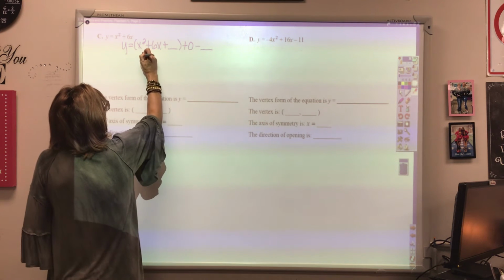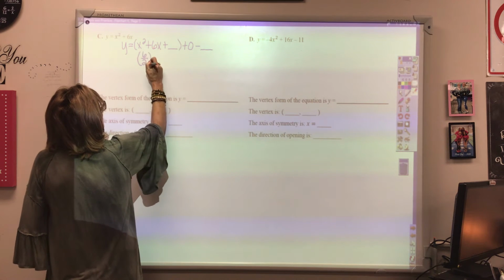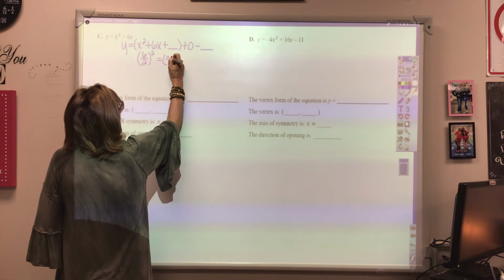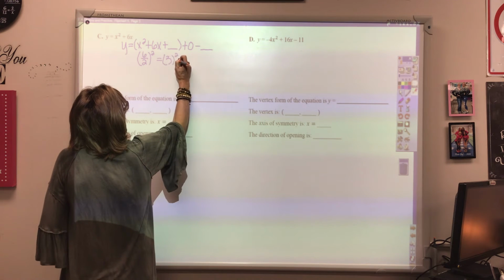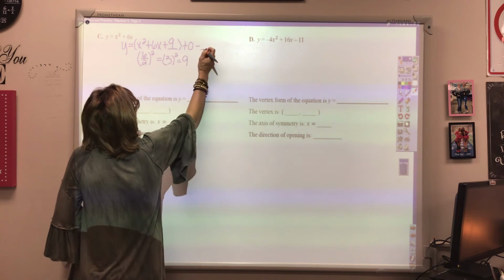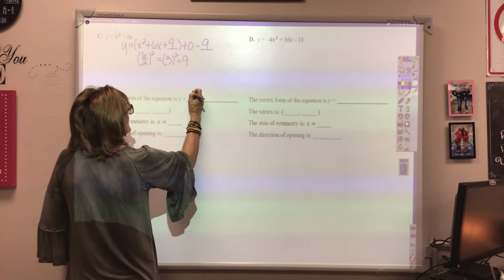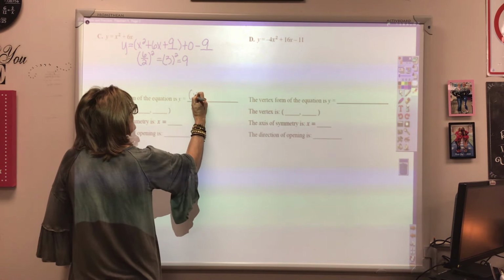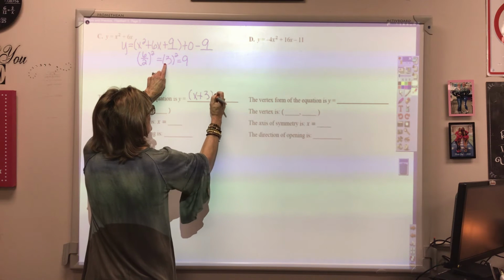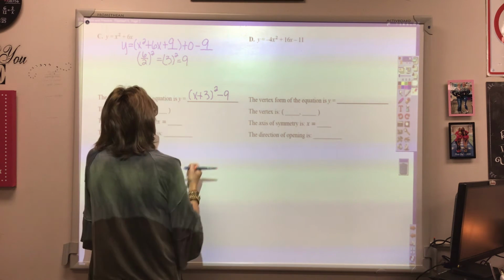So then we take our 6, we divide it by 2, and we square it. So that would equal 3 squared, which is 9. Add a 9, subtract a 9, and factor. Y equals x plus 3 squared minus 9.